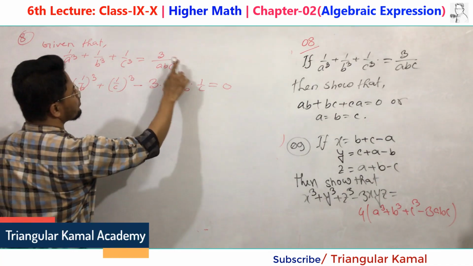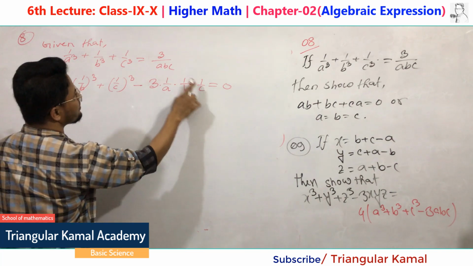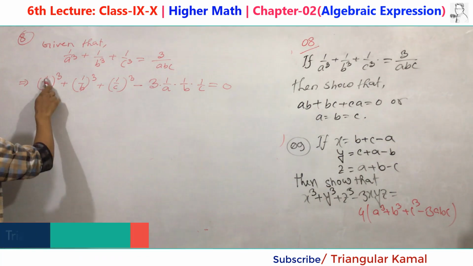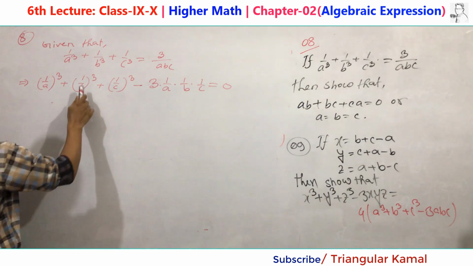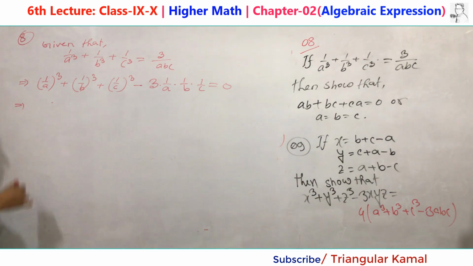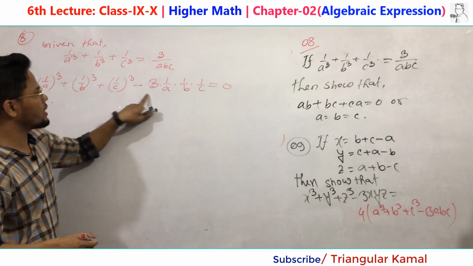Like 3 times of 1 multiply 3, a, b, c multiply. This is positive on the right side, so shifted to the left side, minus. 1 cube equals 1, a cube equals a cube, 1 to the power 3 equals 1. So now what we see here is a cube, b cube, c cube minus 3abc.